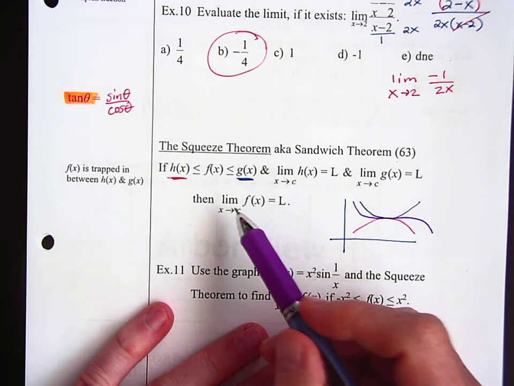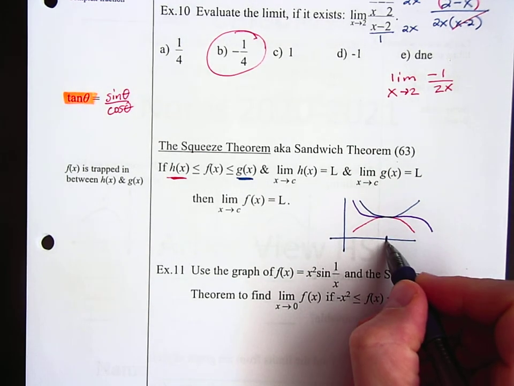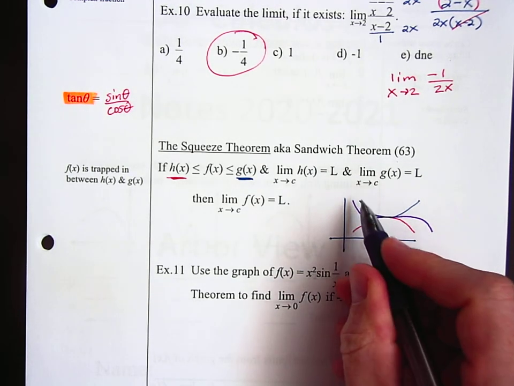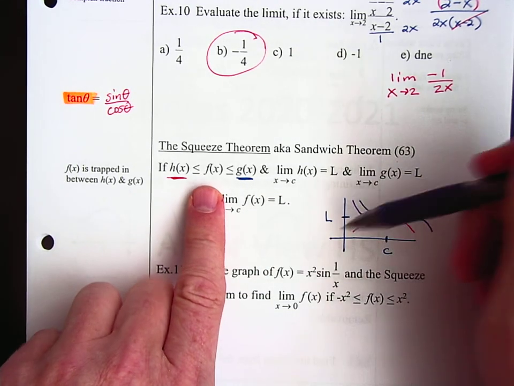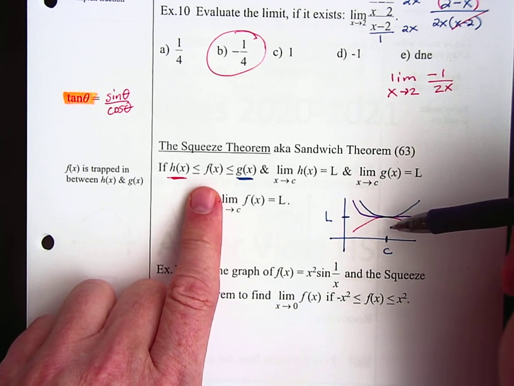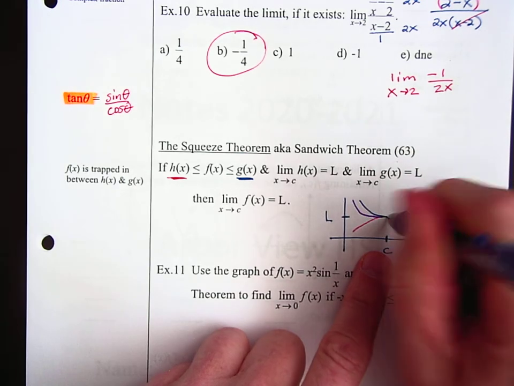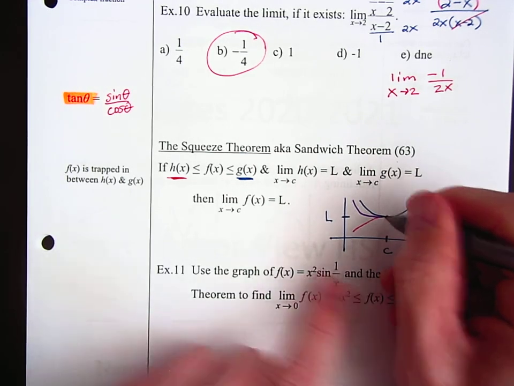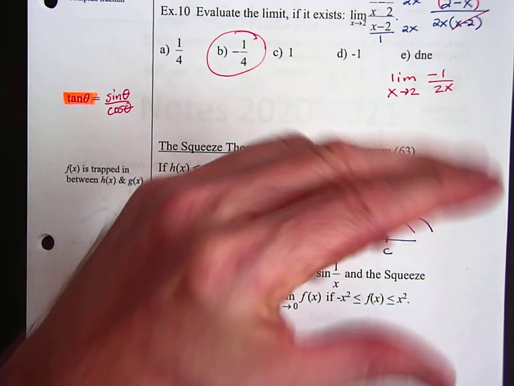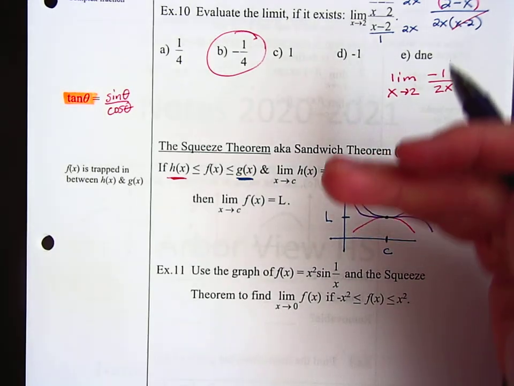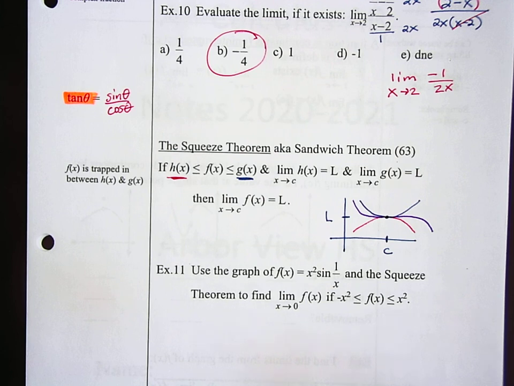So if at c the limit of h and the limit of g are both L, this is telling us that f is always in between these other two functions. But it's telling us that the bottom and the top have the same limit at c. That must mean that f also has that same limit, since f is always squeezed or sandwiched in between the top blue one and the bottom red one. So hopefully that's fairly clear.